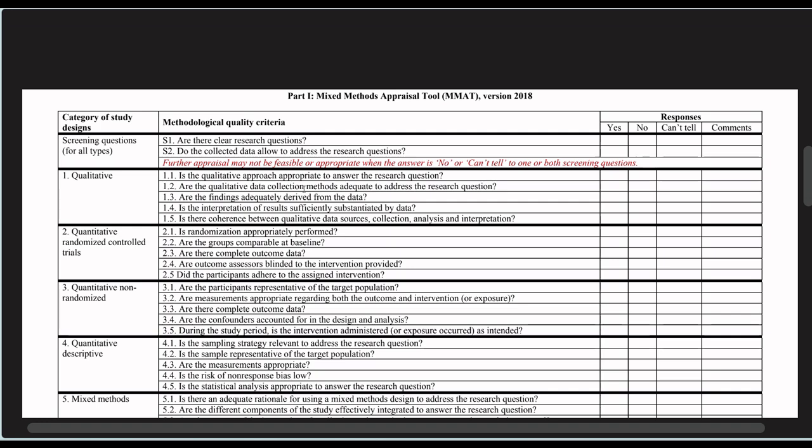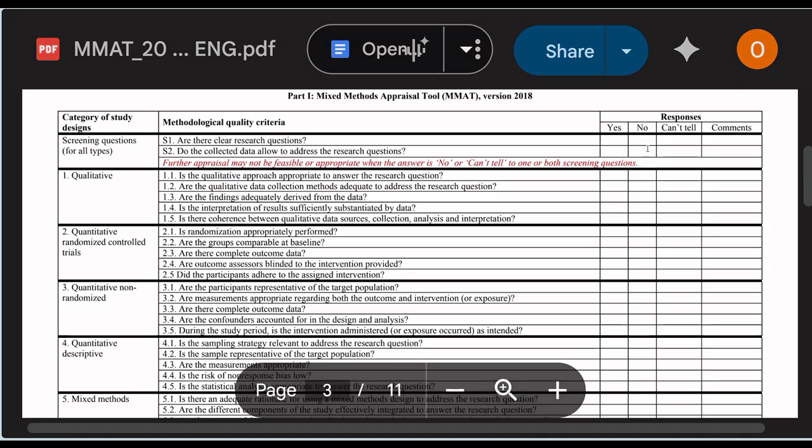It says, at the methodological quality criteria level, are there clear research questions in that study that you included? Do the collected data allow to address the research question? You will answer yes or no. If you can't tell, you do the same, or you make a comment if there is a need for that.